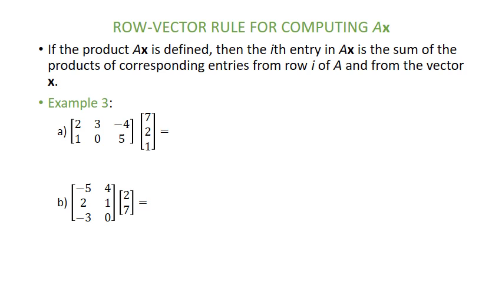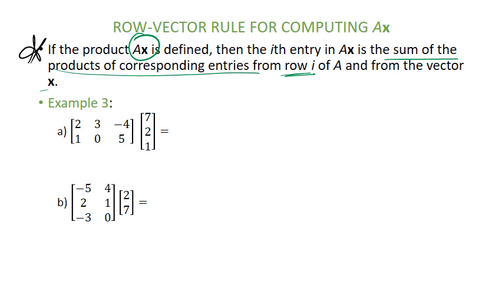There is another way in which we can solve this, and it's basically putting together a few steps from the previous examples. So basically, if you read through this, AX, that multiplication we just came up with, is defined as that specific entry of the sum of the products of the corresponding entries from row i and the vector X. So there are a couple ways we can do this.